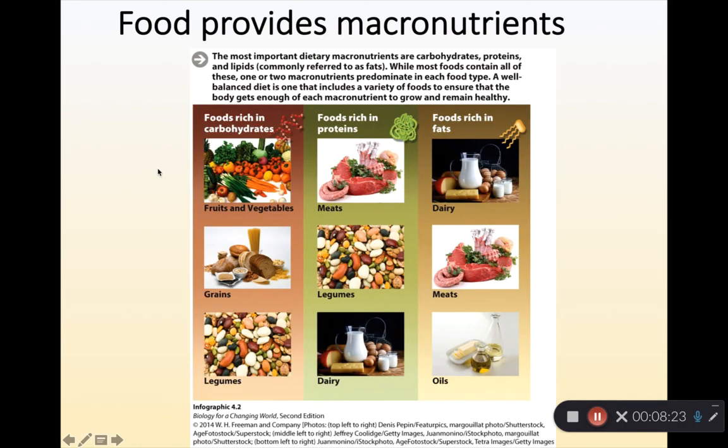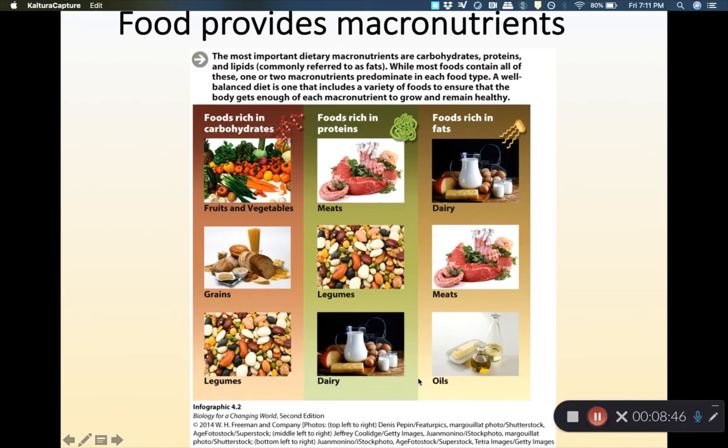And most foods have a variety of macronutrients in them. So for example, these are just looking at foods that are rich in carbohydrates, foods that are rich in proteins, and foods that are rich in fats. And you can see there's cross between a lot of these different categories.